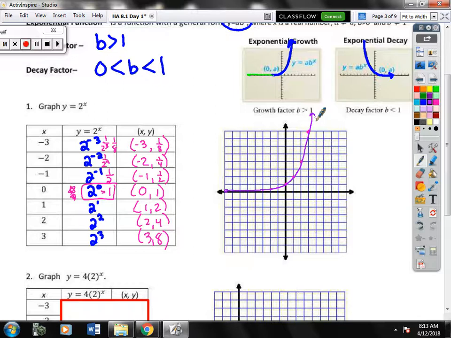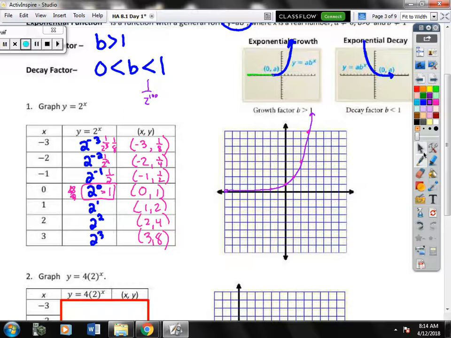And that's because when you take a positive number and raise it to an exponent, it never becomes negative. No matter what you plug in for x, you would never get a negative answer for y. You would get a really, really small fraction, like 2 to the -100th would be 1 over 2 to the 100th, which would be a very, very small fraction, close to 0, but not 0 itself.